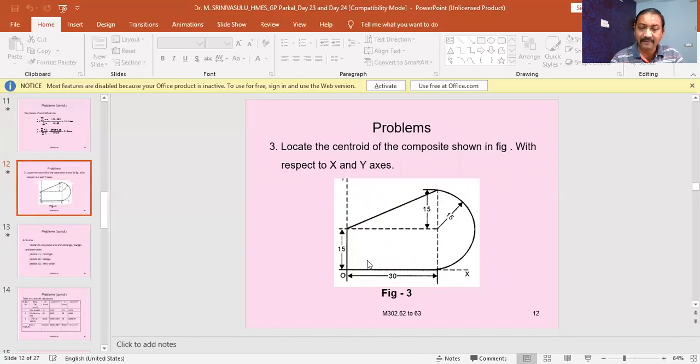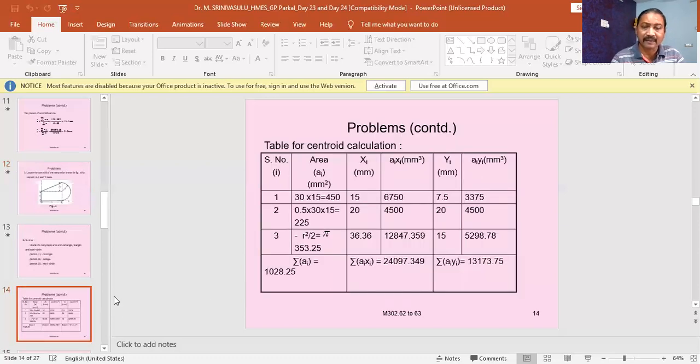But we require the x3 from this OY axis. So we should add this 30 plus 6.36. So x3 is equal to 36.36 millimeters. Now the a3 into x3 becomes 353.25 into 36.36. It is becoming 12847.359 cubic millimeters.